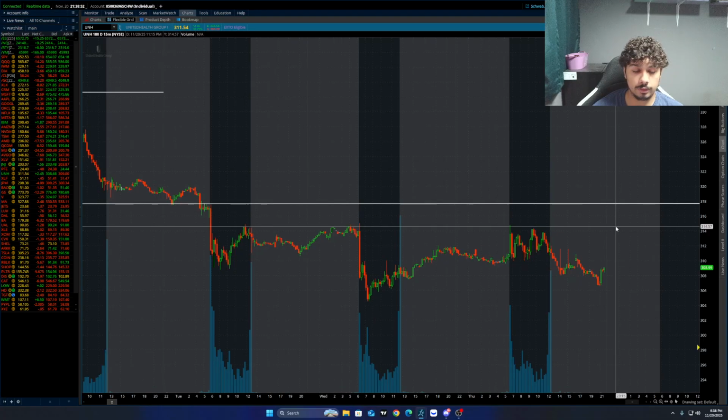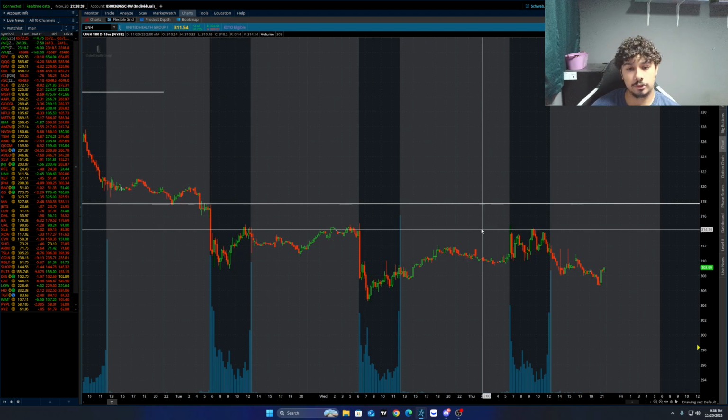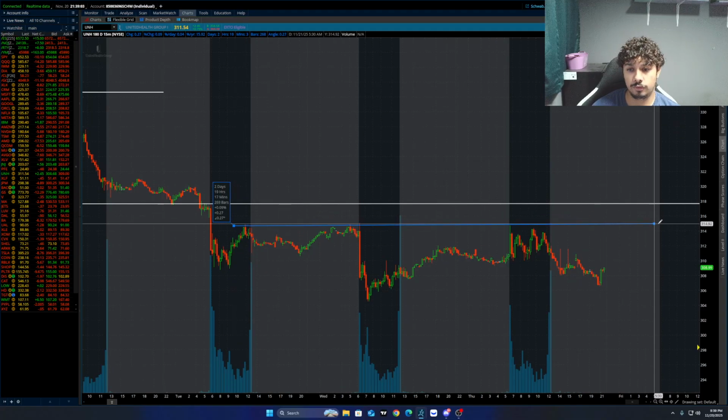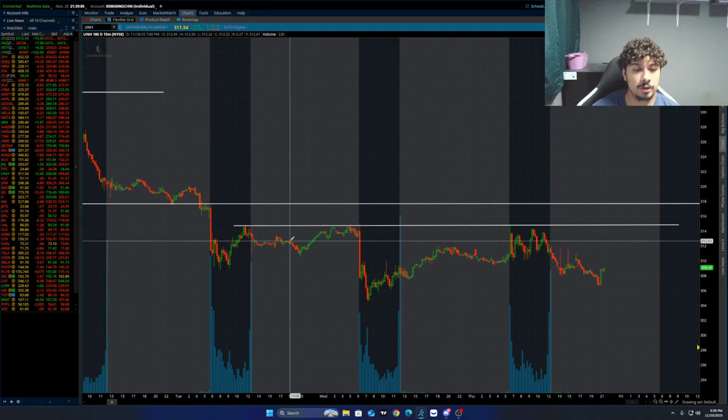Yeah, right there. There's your new resistance line for the intradays. So you could have taken this trade today if you paid attention.